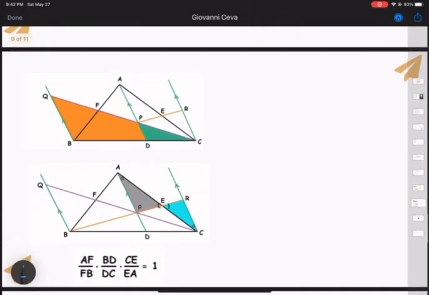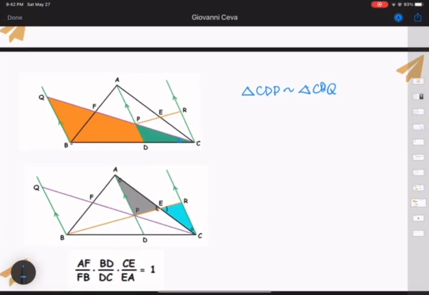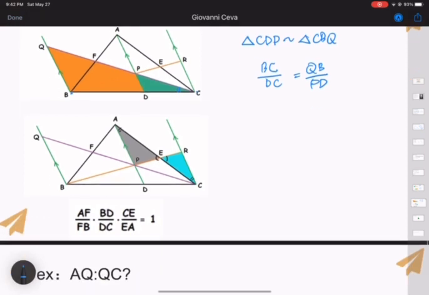On the third picture, triangle QBC is similar to triangle PDC, so BC divided by DC equals QB divided by PD.